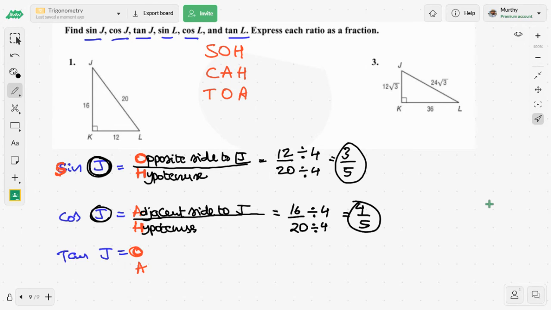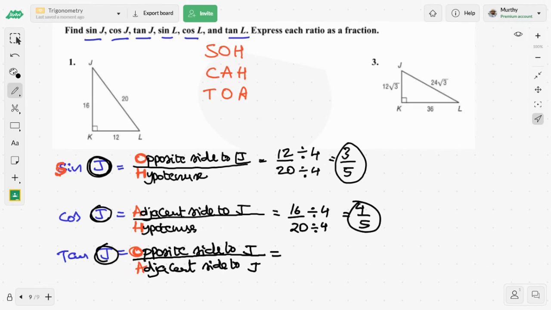And the last one is tan J. So here the numerator O stands for opposite side to whatever letter is given, that is, opposite side to J, and A stands for adjacent side to J. And next, at this point you have to plug in the values.